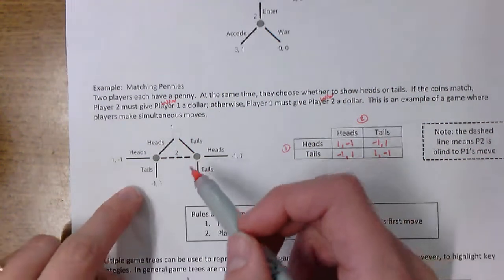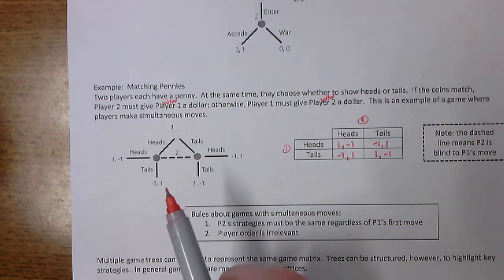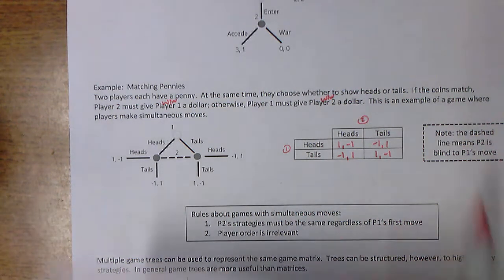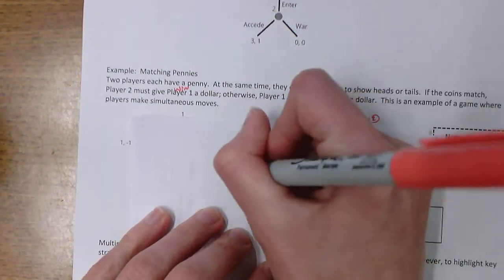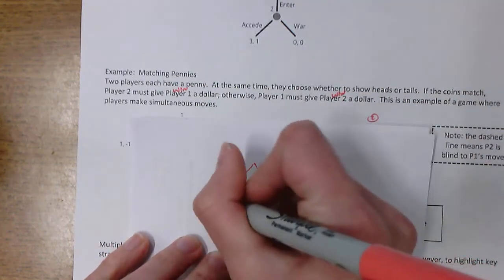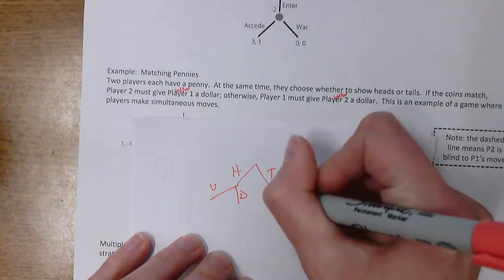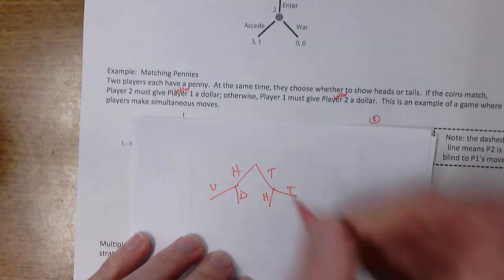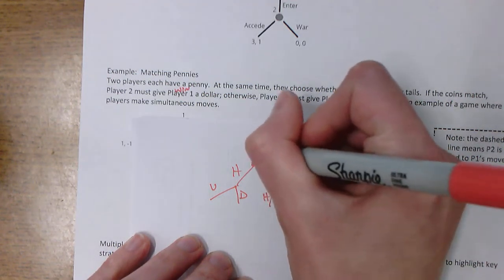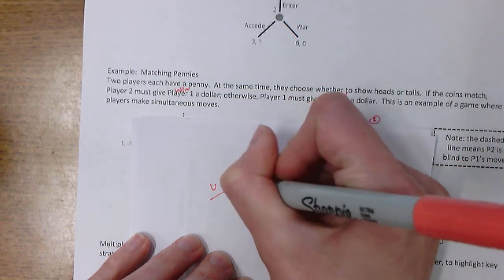If we had a setup where, say for this particular one, instead of being set up this way, say that your two options here were that you could choose heads and you could choose tails, and if you chose heads, then I would choose up or down, but if you chose tails, then I would choose heads or tails. So this would be player 1's move, and then these would be player 2's moves.